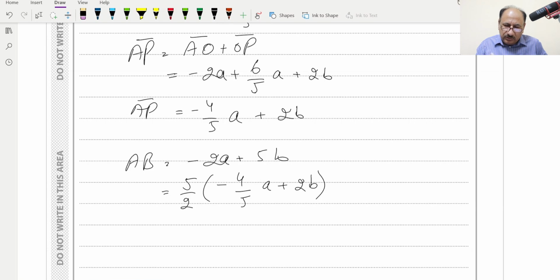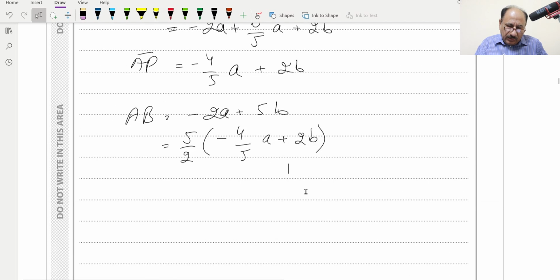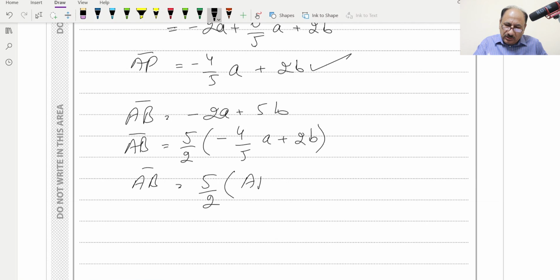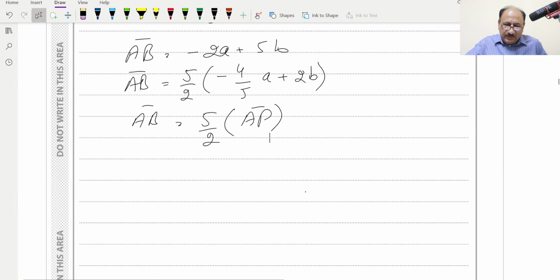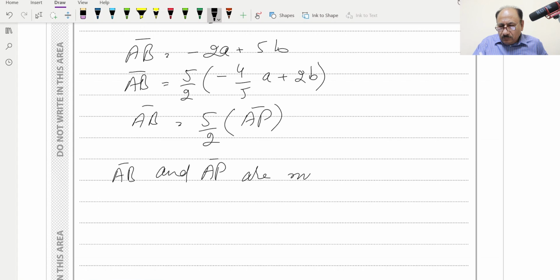So this is the shape change which we have done, and this is equal to AB, and AB will be equal to 5 by 2 of, and this value is of what? This value is over here AP. So we can write here AP. So these are multiple of each other. AB and AP are multiples of each other.